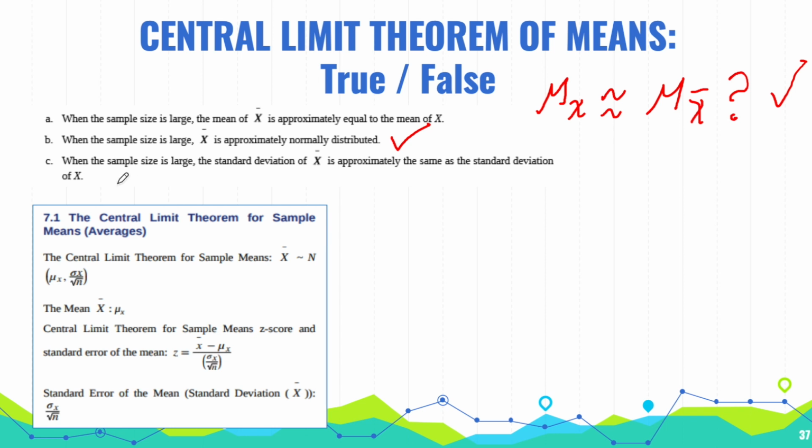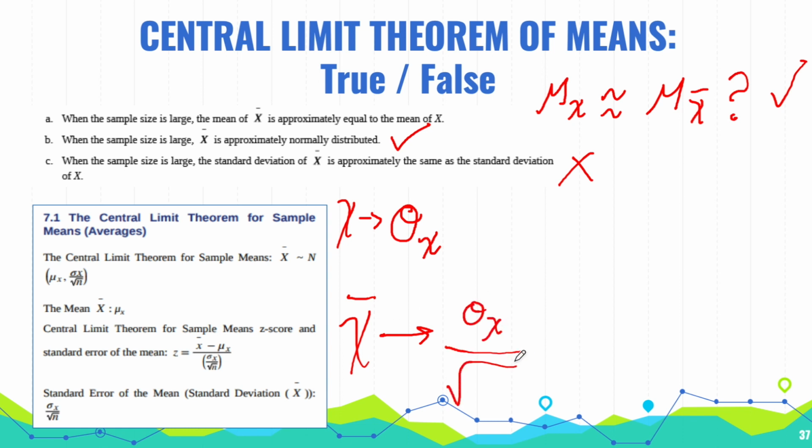Let's look at number 3. When the sample size is large, the standard deviation of capital X bar, the sampling distribution of our means, is approximately the same as the standard deviation of x. This is false. Let me show you why. The standard deviation of the original distribution is written as follows. The standard deviation of the sampling distribution of means is that exact value divided by the square root of n.